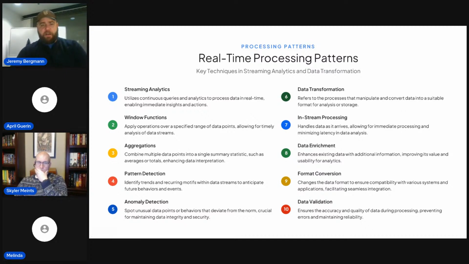You can enrich the data. It's similar to aggregations or cleaning up the data, but improving its value. Maybe you're applying some business rules to it as it comes in. Change it to various formats, and then you can validate data so you can set up quality rules on it. So quite a bit that you can do with real-time processing.